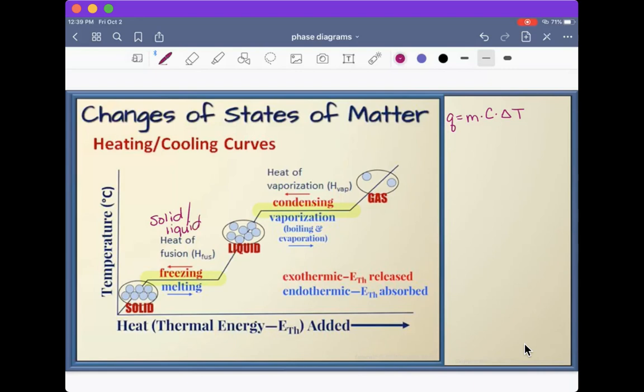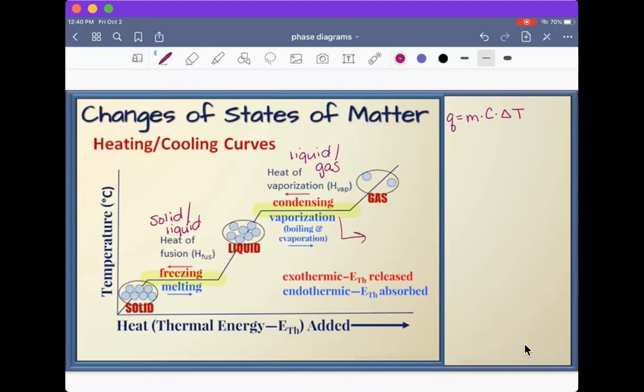So you have both phases present. In this area of the curve, you have both the liquid and the gas present. So they are in equilibrium with one another. What this means is the heat being applied, if you notice, you're not increasing the temperature. So in these areas, the temperature is not being increased.